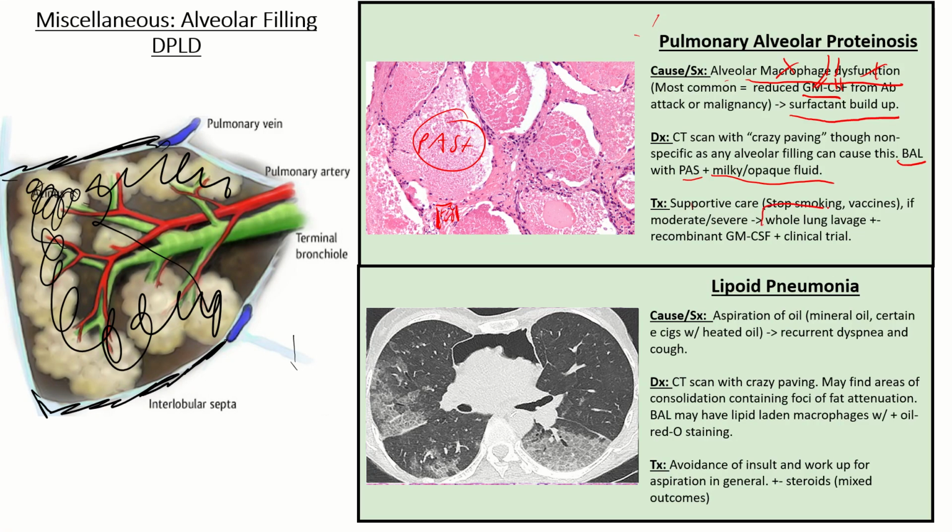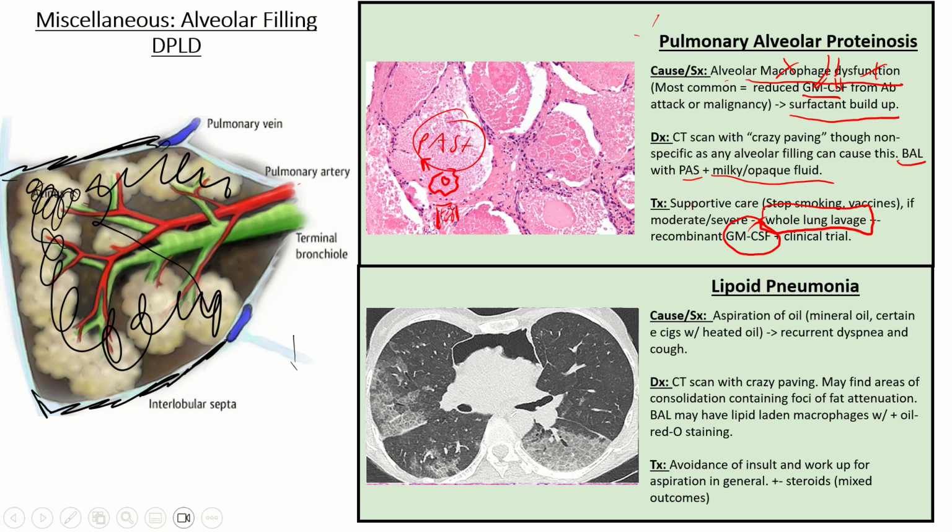In the ICU setting, sometimes there has been response with whole lung lavage, basically putting water down there, sucking it back up, putting water down there, sucking it back up while doing a bronchoscopy. And because it's a deficiency in GM-CSF, giving GM-CSF, getting those macrophages in your alveoli, which then clear the surfactant, can be pretty helpful. Clinical trials can be good too.